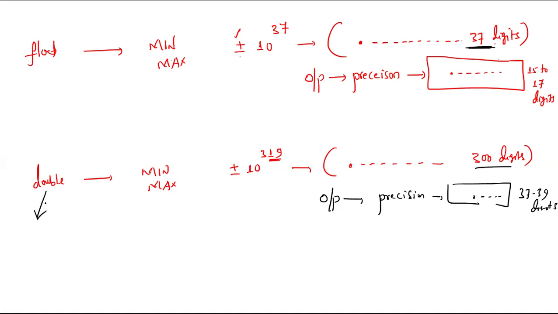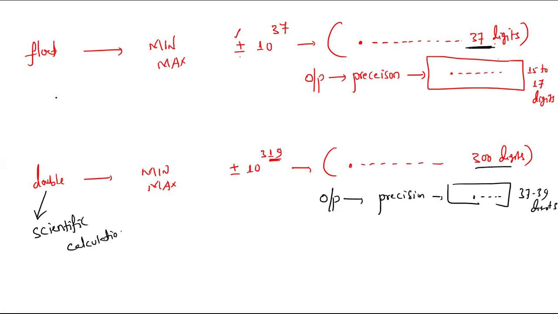It will be used to find the distance between planets, which is a very huge distance, or the depth of the oceans. Such calculations, any scientific calculations, are where double is used. The more decimals, the more accuracy or precision. That's what we use it for in scientific calculations mostly.